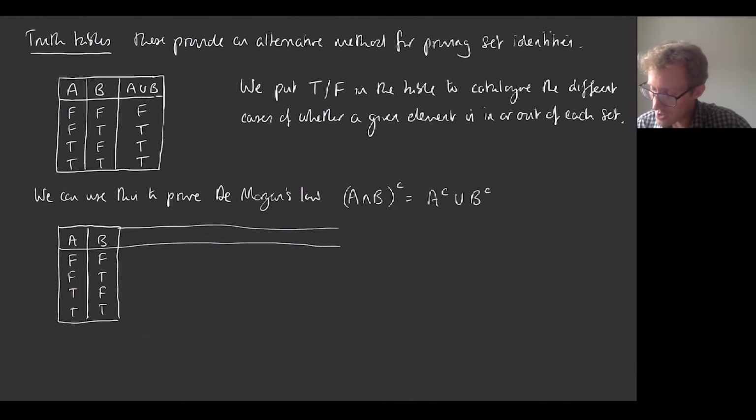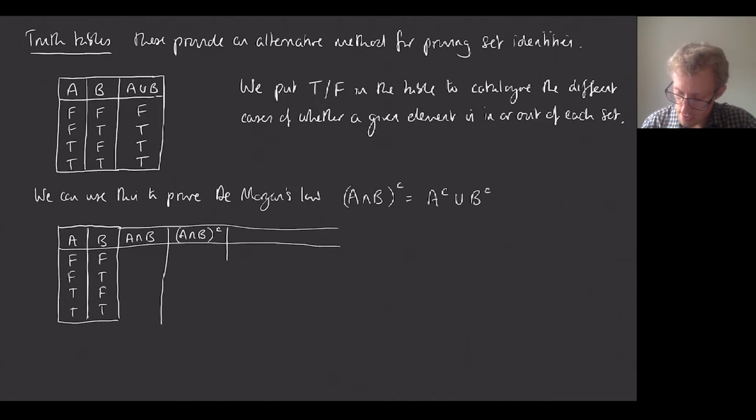And then I want to be interested in ultimately finding out whether we're in or out of this set and this set. And the idea is that we want to try and show that these two sets are the same, which we're going to do by showing that the columns of this table are the same. So I'm going to do this in stages. So let's first of all work out A intersect B. And then we're going to work out the complement of that.